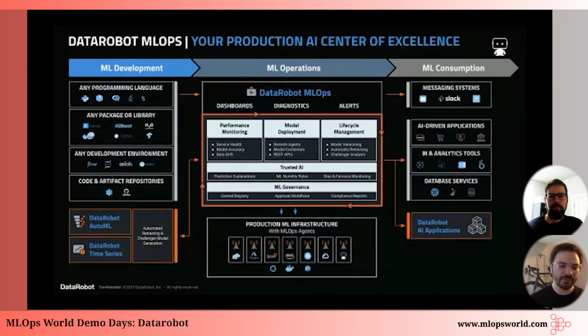We also support a variety of packages or libraries. It's at the user's discretion. So whether it's H2O models, scikit-learn, ONNX, PyTorch, TensorFlow, whatever the framework is that you're relying on to meet your use case, your model, you can support that within this framework.